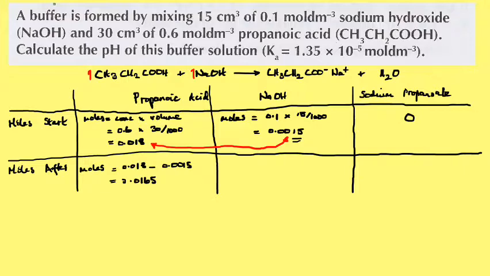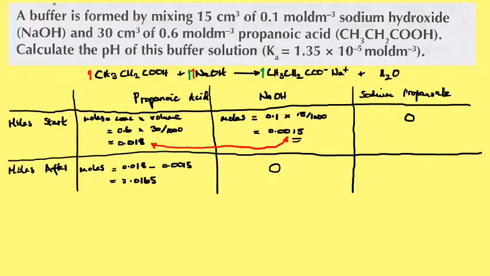Okay, so moving on to sodium hydroxide after neutralization. Now all of that has reacted, so we're going to have a 0 left after neutralization. Now let's look back at the balanced equation, and we see that for every 1 mole of sodium hydroxide that reacts, we are also going to get 1 mole of salt produced.